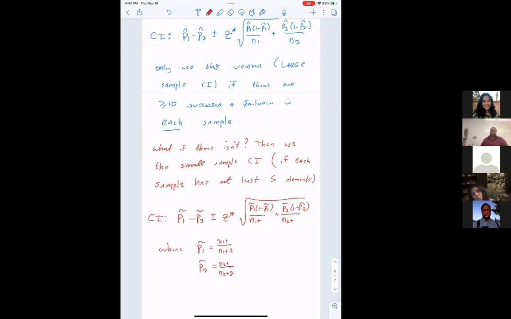It's not 4, it was 2 in the last case. It's going to be 1 for a total of 2. In both cases, we had a total of 4 to the bottom and a total of 2 to the top. With one sample, you add 2, you add 4, you're done. With 2 samples, you split it in half. You add 1 to the top and 2 to the bottom for each of the 2 samples. And my denominators follow suit. We just add 2 to each.